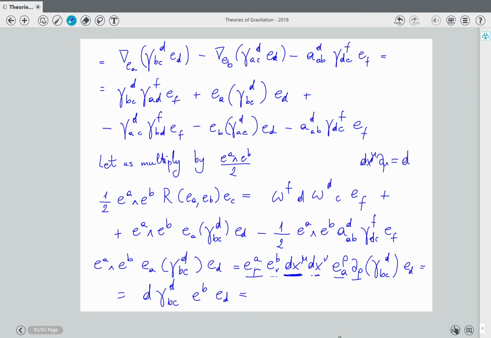So if we want to write this as d omega DC, we have to subtract what we get by acting with the derivative on EB also, because that's missing. So minus dBc dEB ED. Okay, that is it. We cannot do better than that.